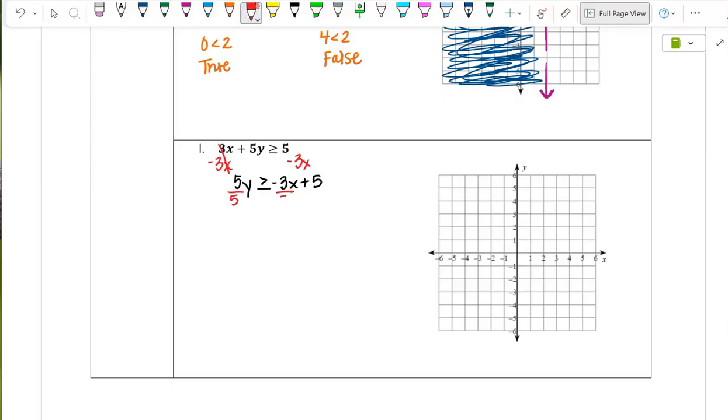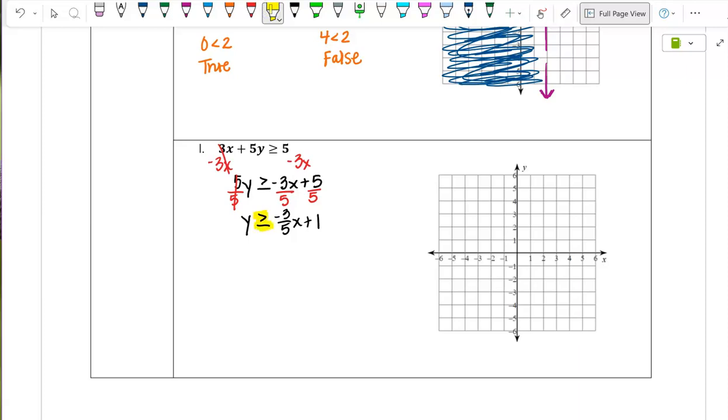Then we need to divide everything by 5. Now, this time we divided by a positive number, so we are not reversing the inequality symbol. This is staying y is greater than or equal to negative 3 over 5x plus 1.